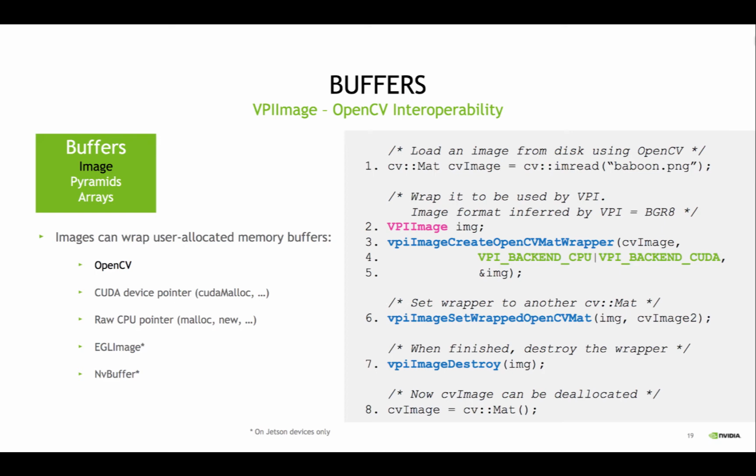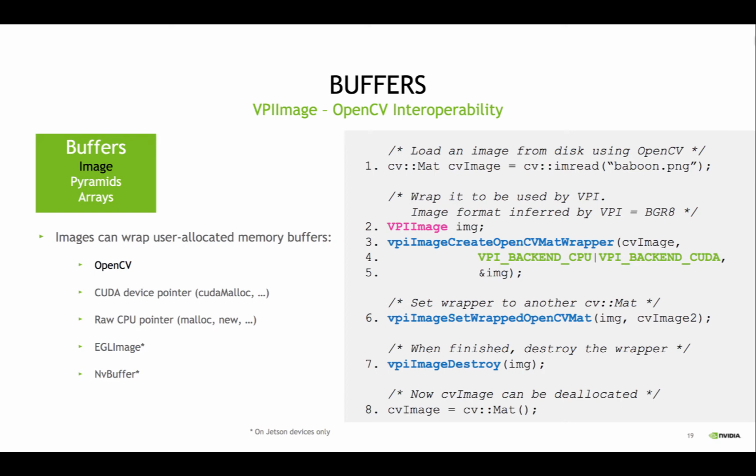There is an overload of this function that accepts an explicit image format. VPI in this case will check if this format is consistent with the cv::Mat characteristics, and return an error if it isn't. Line 6 shows you how to make the VPI image point to another cv::Mat, provided that it has the same dimensions and format of the original image.